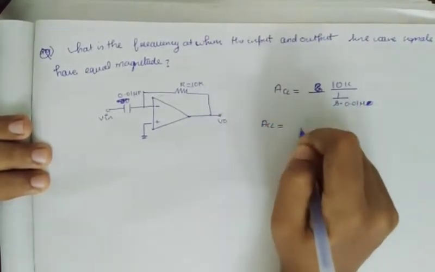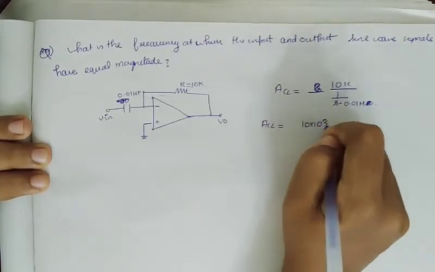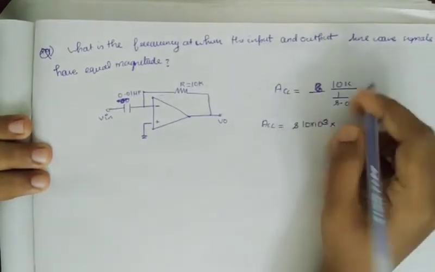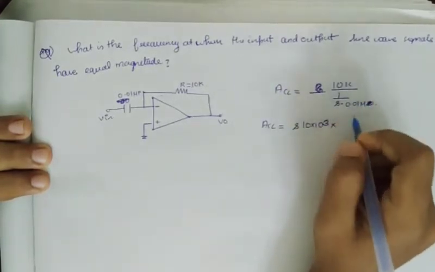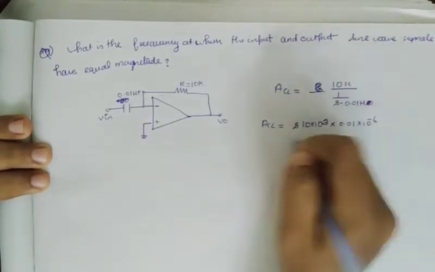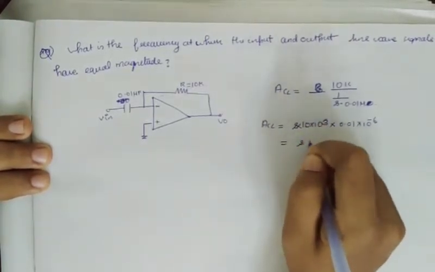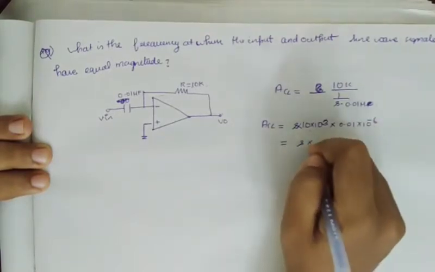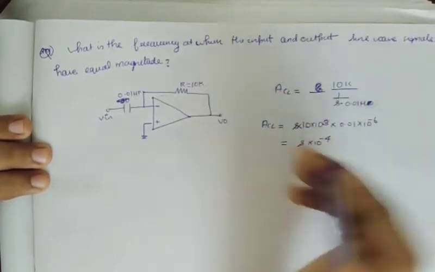So ACL equals 10 into 10 raised to 3 into S into 0.01 into 10 raised to minus 6. I can write that as 10 raised to 4 into 10 raised to minus 6, that is 10 raised to minus 2. So S into 10 raised to minus 4.